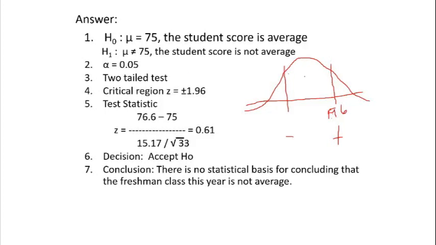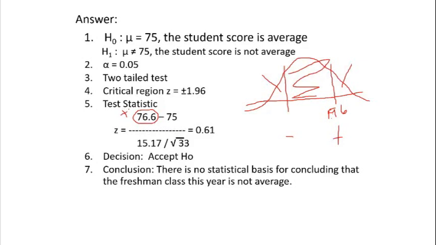So itong part na to, itong part ng middle na to is yung sa acceptance region natin. And itong part na to at saka itong part na to, ito yung rejection region natin. And since we have yung problem naman, given this sa problem natin, ang formula natin for the z distribution is we have the x minus mean over the standard deviation. So itong value na to is yung x natin or yung x bar natin.